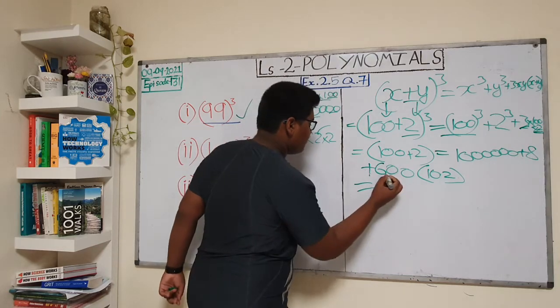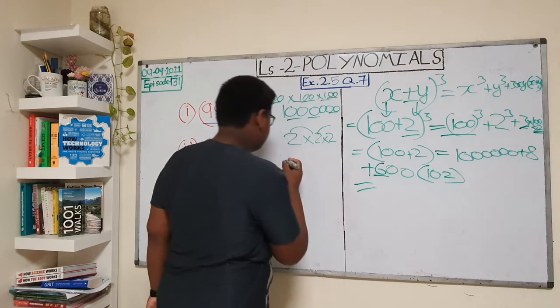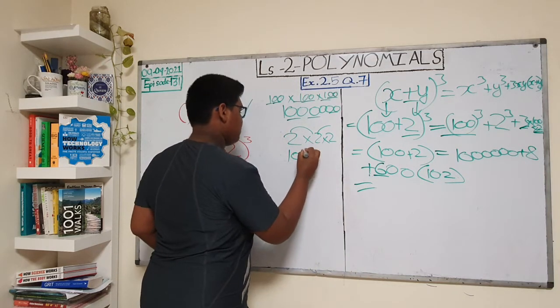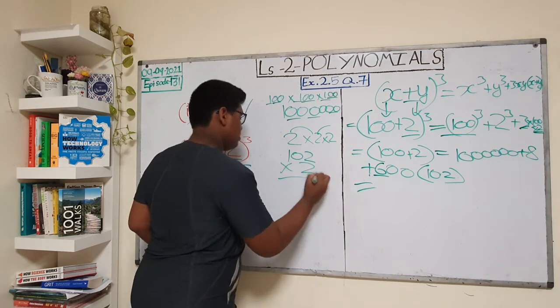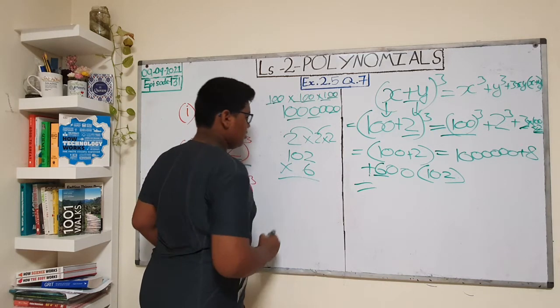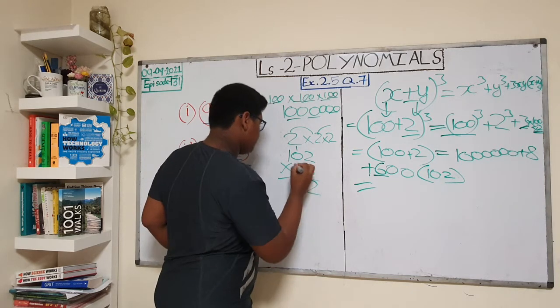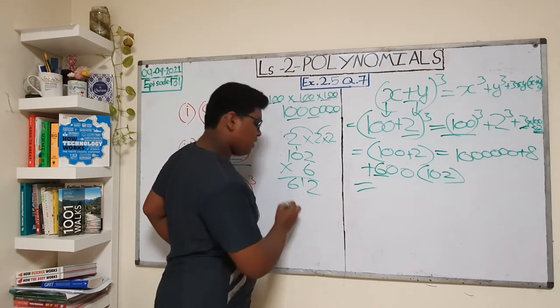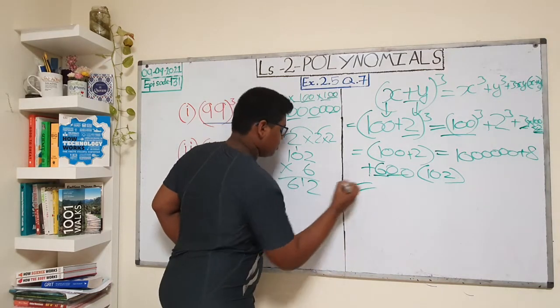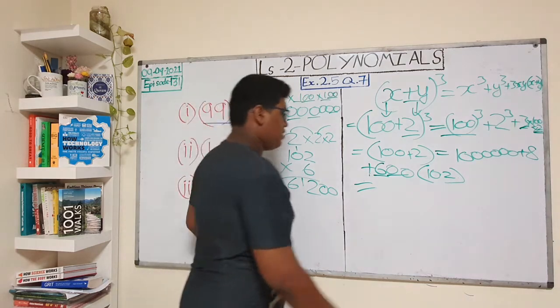We will forget about the zeros and just take 6 and multiply it with 102. 6 2s are 12, 6 zeros are 0 plus 1 is 1, then 6 1s are 6, so 612. These two zeros we are going to add over here. Now we are getting 612.